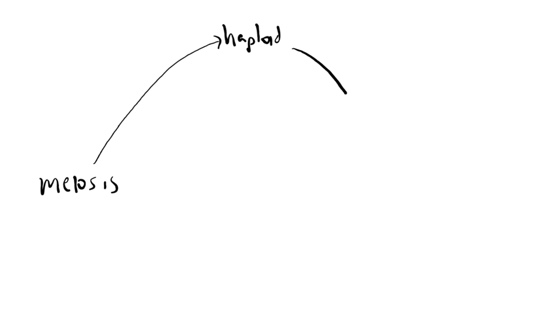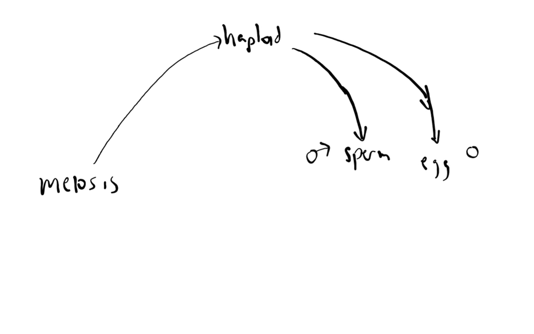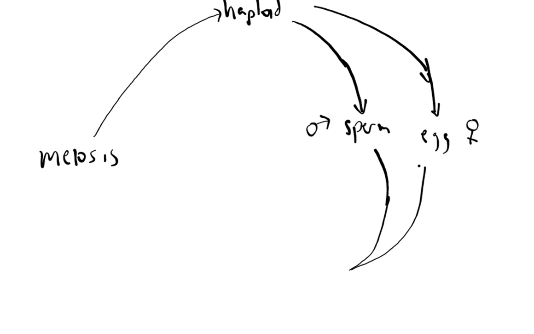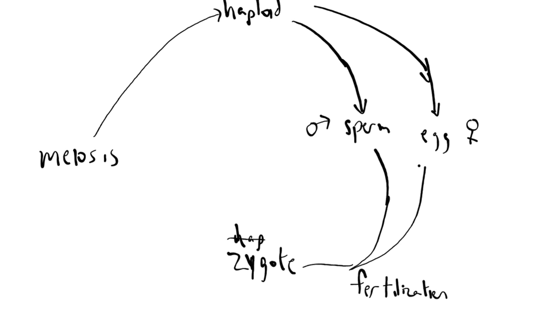And these haploid gametes, sperm and the egg, sperm being male and the egg being female, will combine, and that process is called fertilization, creating what's called the zygote, which is a diploid state.